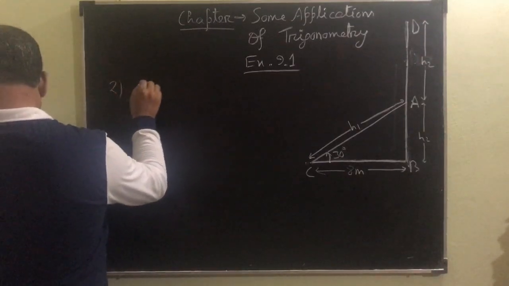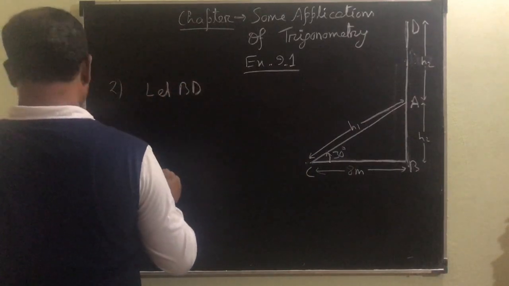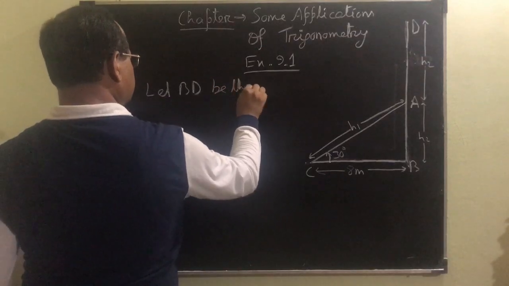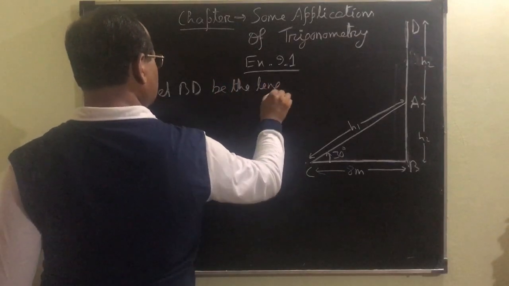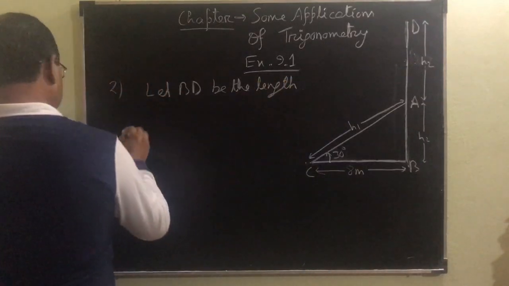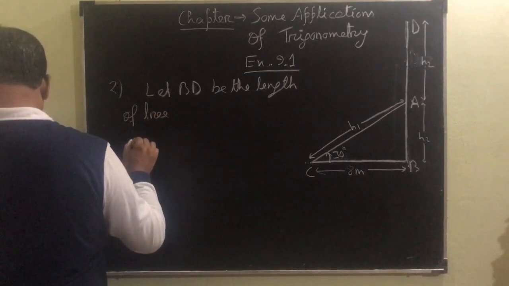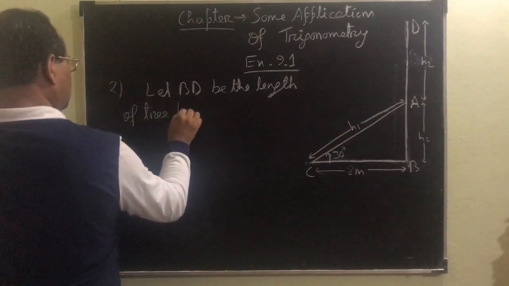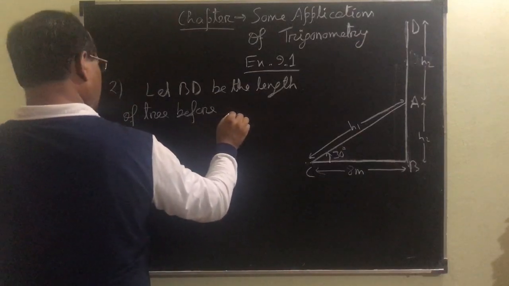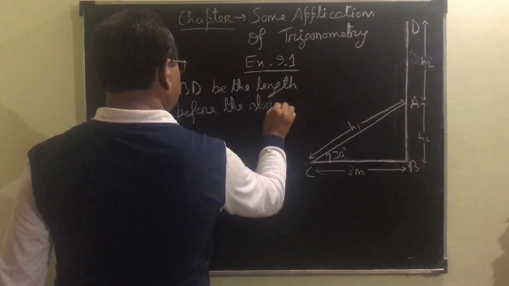Number 2. Let BD be the length of the tree before the storm.